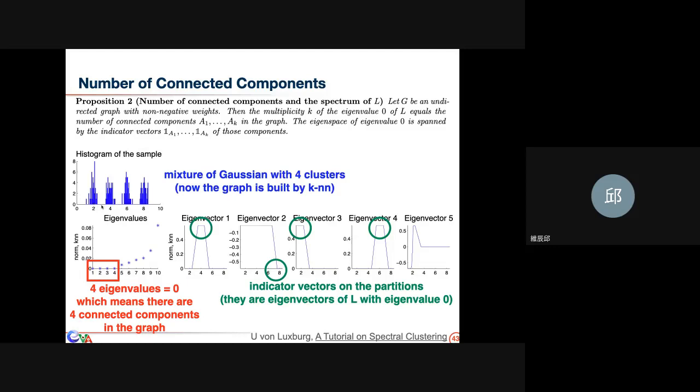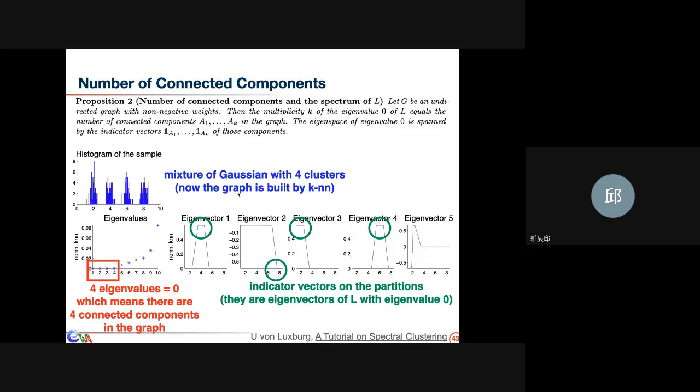So if you have such a data set, you can imagine that you have a bunch of data points whose values are around 2, and another group of data points whose values are around 4, and so on. Here is just trying to show you the histogram of the samples, right? On the x-axis are their values, and on the y-axis is how many data points are with certain values.